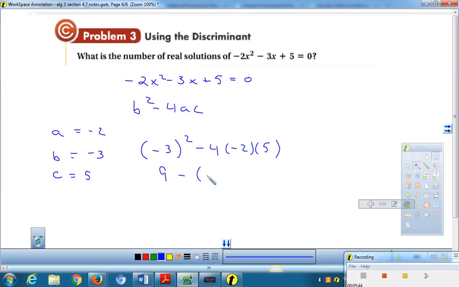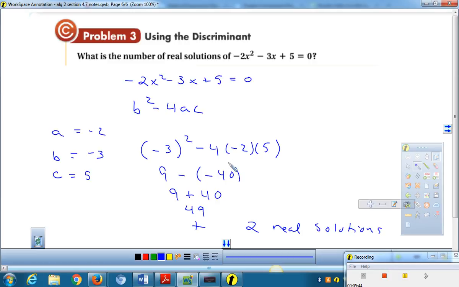So we have minus negative 40, which is plus. So now it'll be 9 plus 40, giving us 49. How many solutions will I have? I will not have 49 solutions. I will have 2, because that is positive. 2 real solutions.